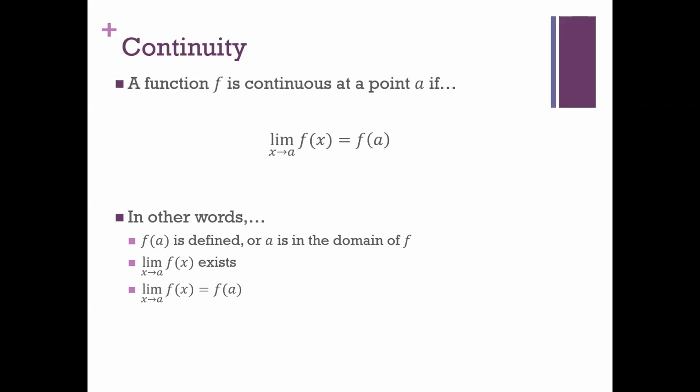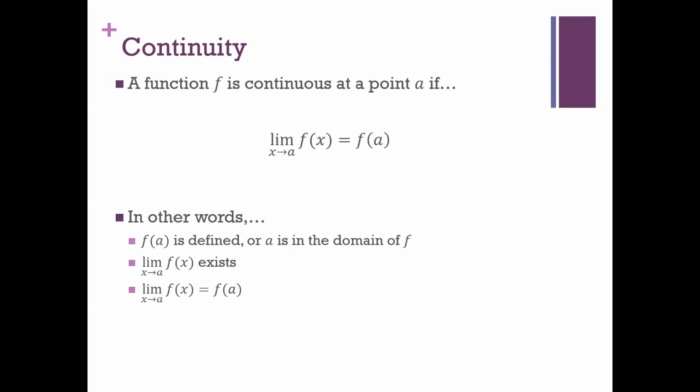So I need to have my base point a in the domain of my function. F of a needs to exist. It needs to be well defined. So f of a needs to exist, and also the limit as x approaches a of f of x needs to exist. And finally, they need to agree.